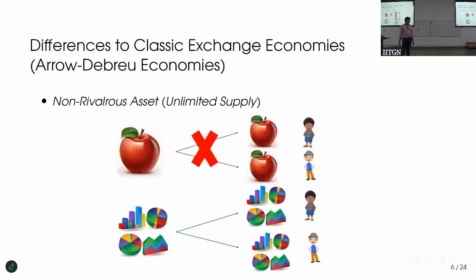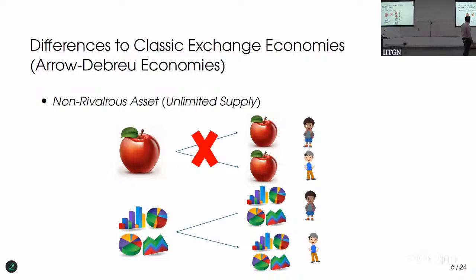The major distinction is that data is a non-rivalrous asset, meaning that the consumption of data by one agent is not going to affect the supply of this data for other agents. In a classic commodity market, if you have one apple, you cannot have two sellers leaving the market with two apples because there's a hard supply constraint of one apple. But if you have one data set which can be duplicated at zero marginal cost, you can have all the sellers leaving the market with a copy of this data set.